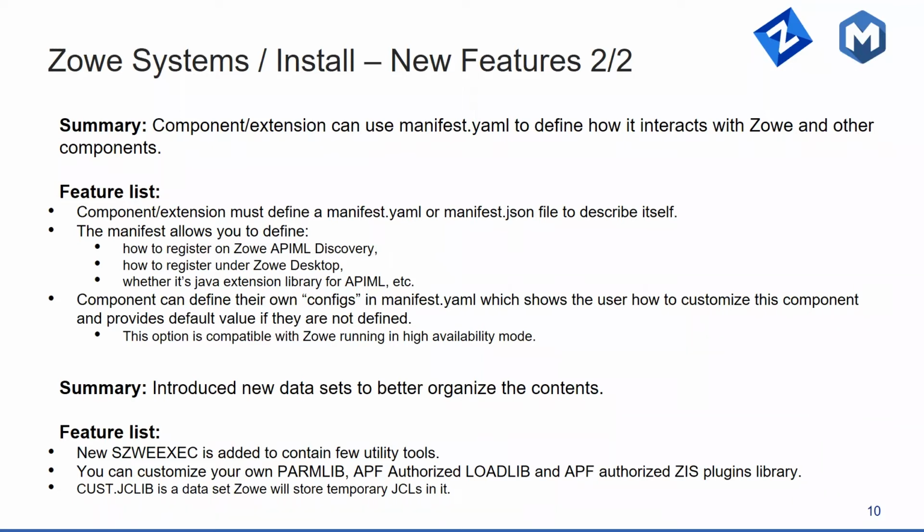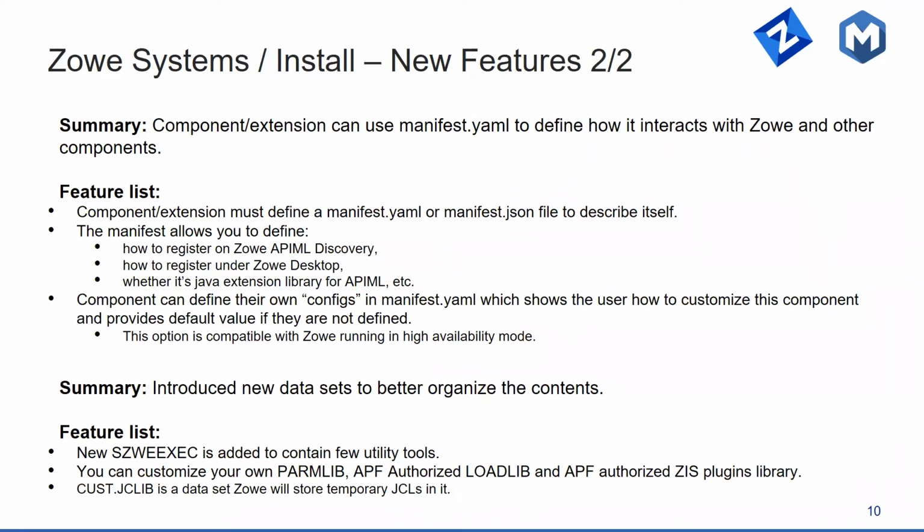Another part of the change is that we try to separate the user-customized data sets from the Zowe runtime data sets shipped by Zowe. This was the best practice we recommended in version 1, but in version 2 it is more explicit.